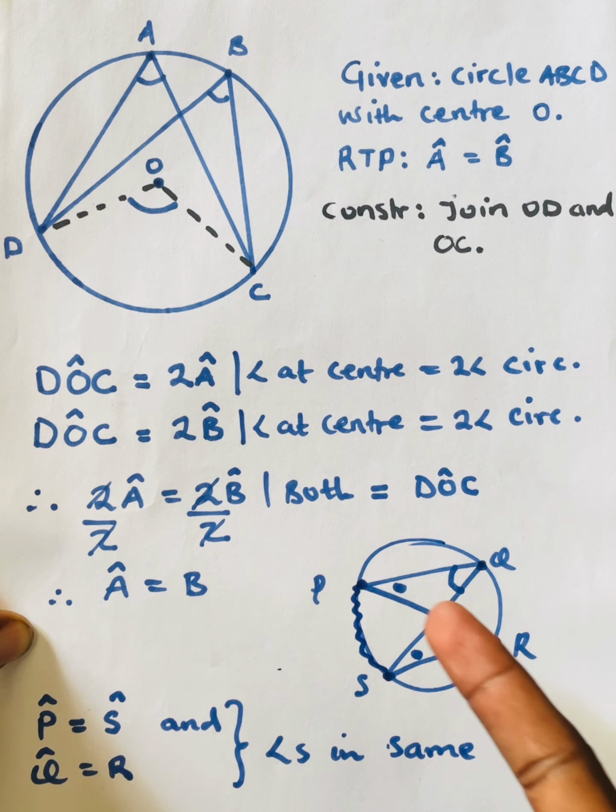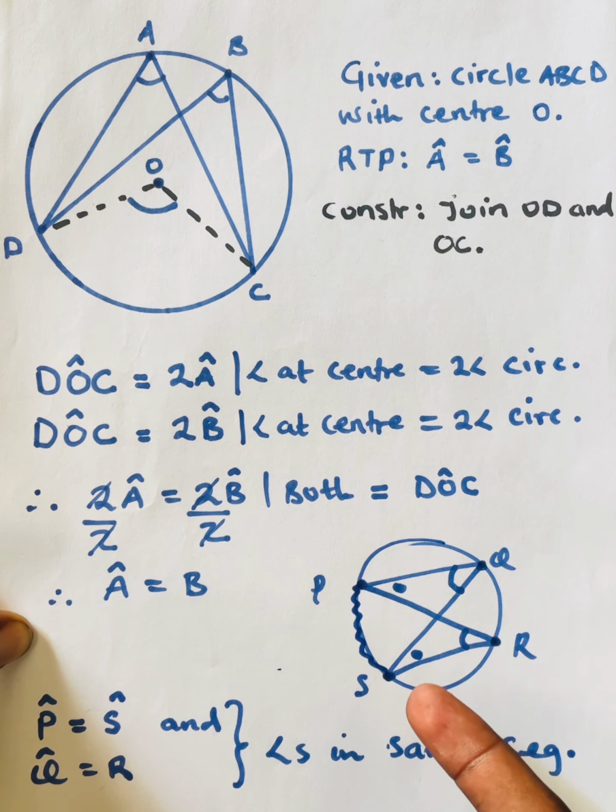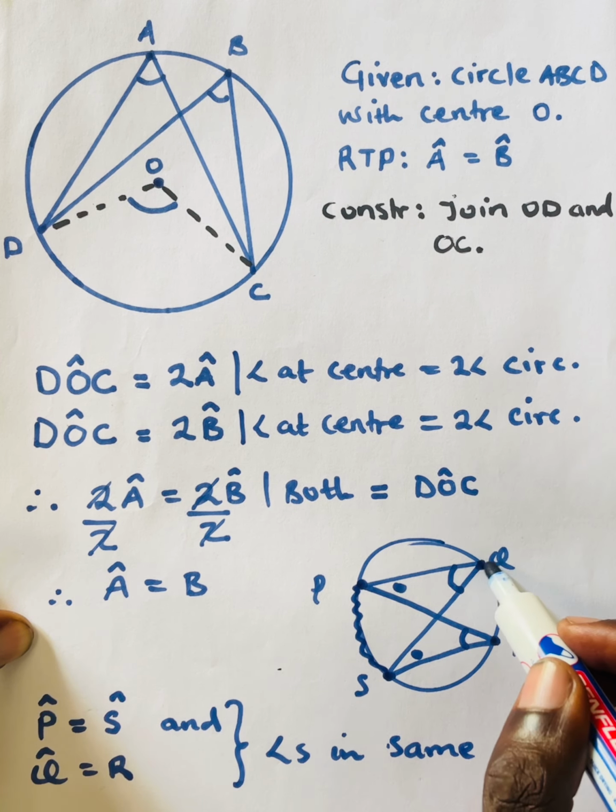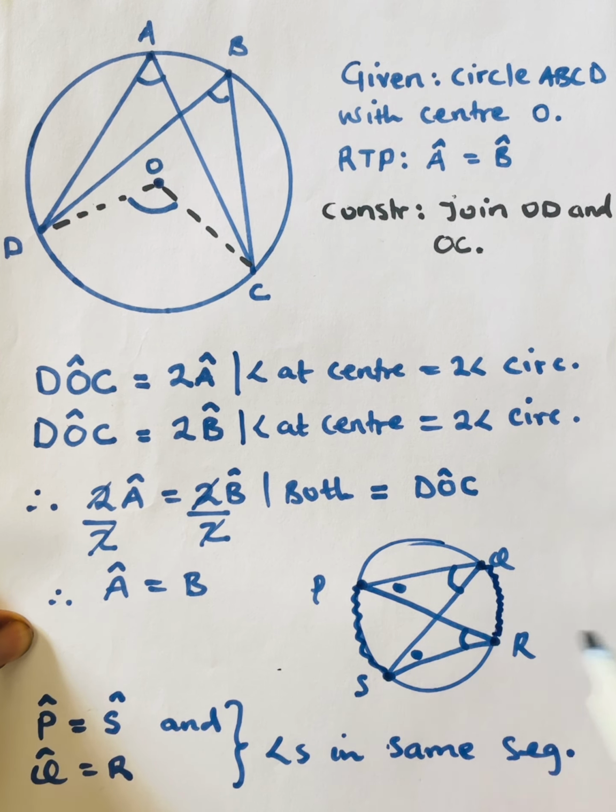And the angle at this part of the circumference is equal to the angle at that part, because they are subtended by the same arc as well. So the reason for this theorem is angles in the same segment.